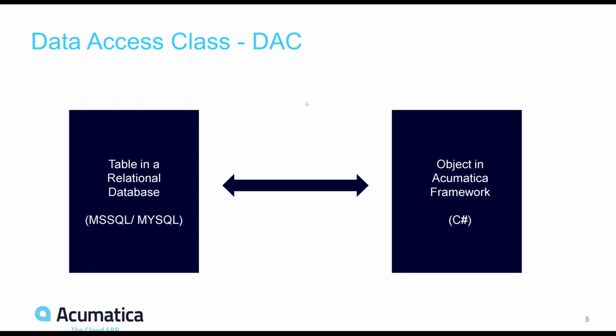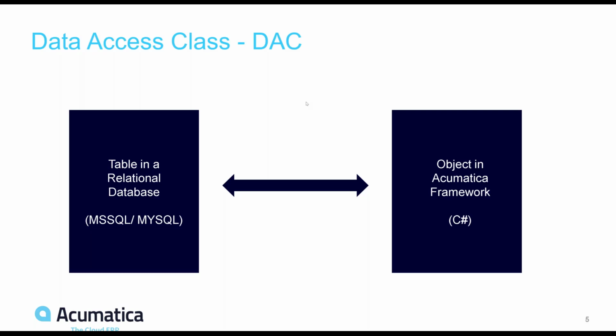A data access class is a mapping device that creates a link between a relational database table, such as the Microsoft SQL Server table, and an object that can be manipulated by the Acumatica software. This removes the need to write lots of queries to perform selection and modification of the data.